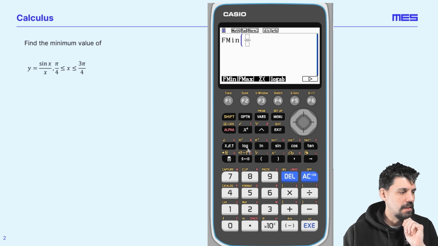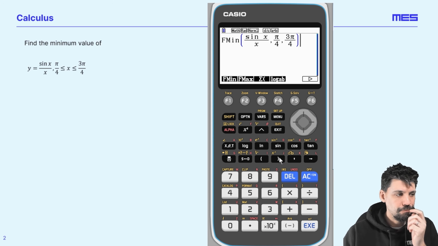And this is sine x over x. And we're going to make sure we're in radians. All right. If you have a CG50, I will assume that you have looked at how to do that. And we will go from pi over 4 to 3 pi over 4. Syntax is fairly intuitive.